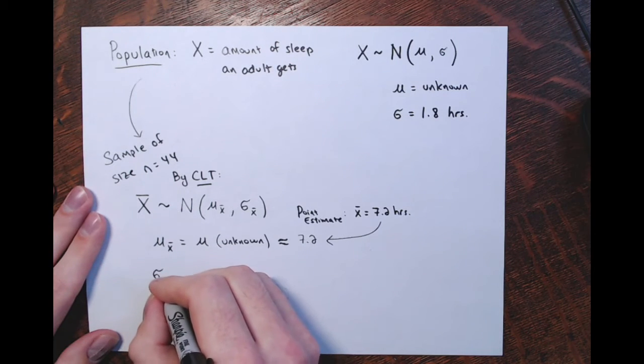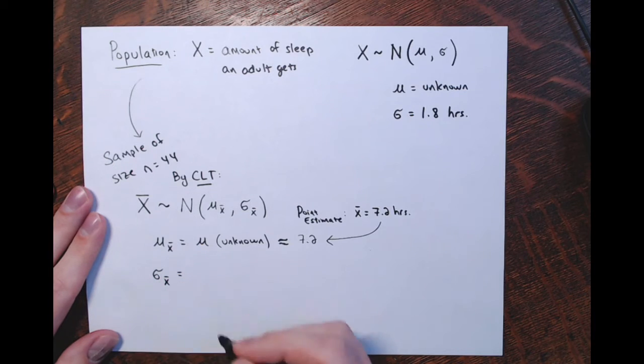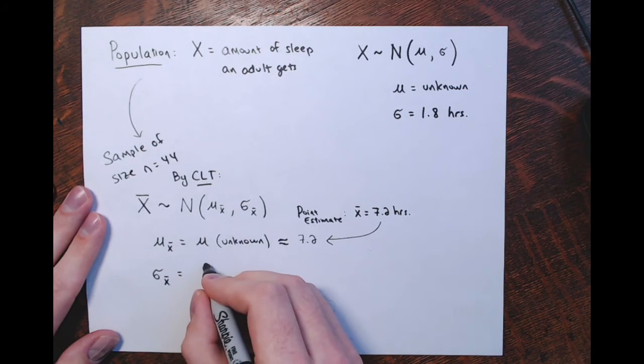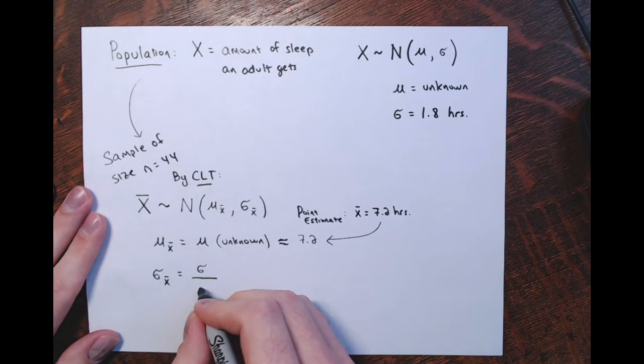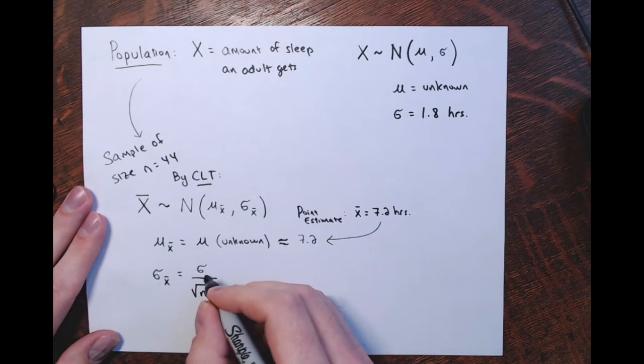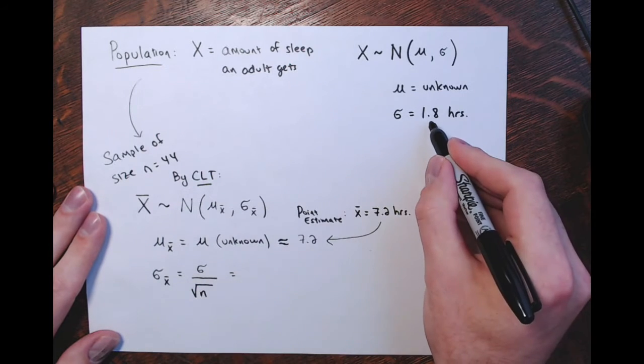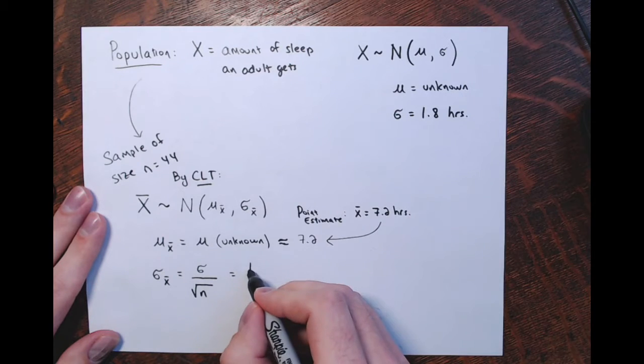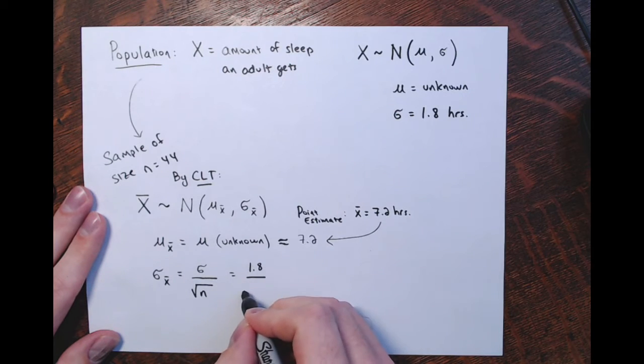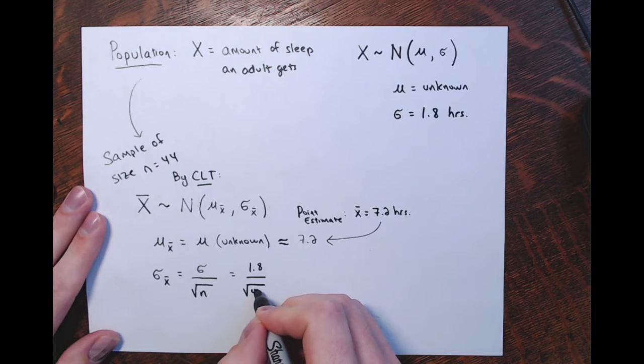And the standard deviation of these sample means, sigma sub x bar, is the standard deviation of the population divided by the square root of the sample size. And we know both these things. The standard deviation of the population, we were told, was 1.8 hours divided by the square root of the sample size, the square root of 44.